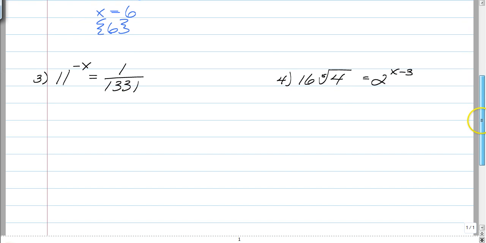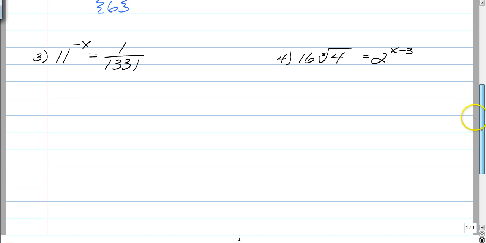Moving right along to number 3 and number 4. If you'd like to try these problems on your own first, of course, just pause the video and give it a try. Number 3, we have 1 over 11 to the x power is equal to 1 over 1331. Notice they're both 1 over 11 to the x and 1 over 1331.